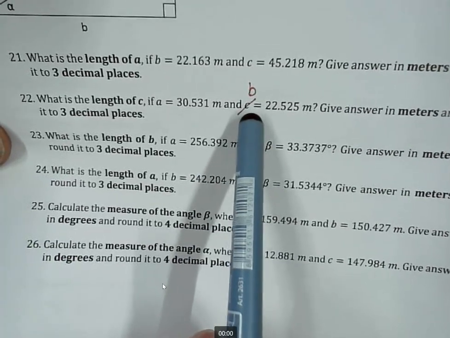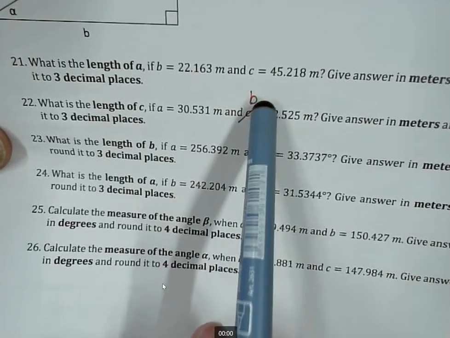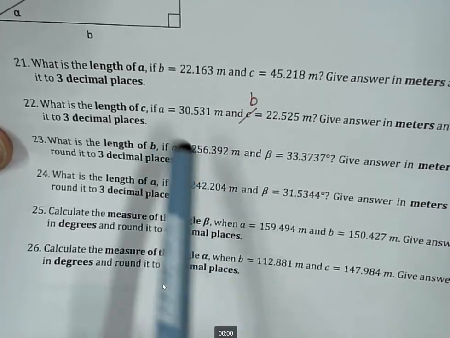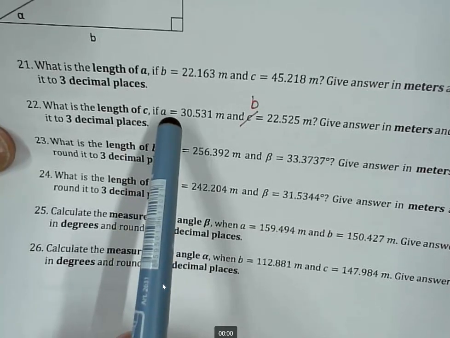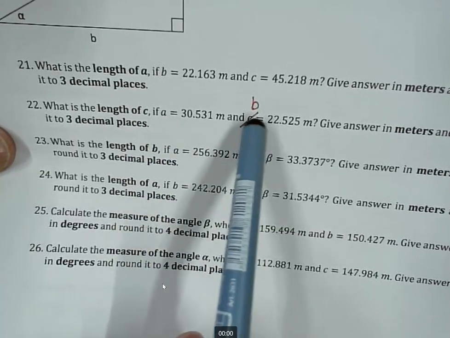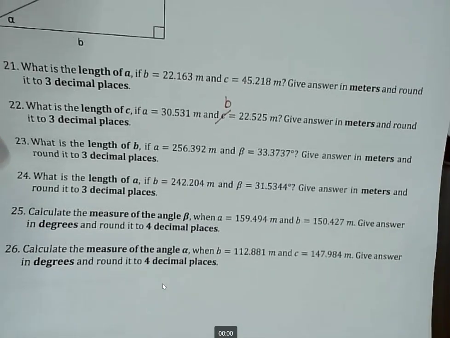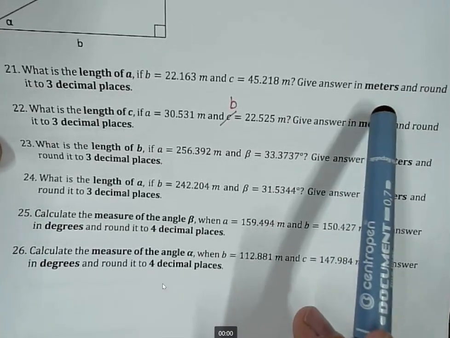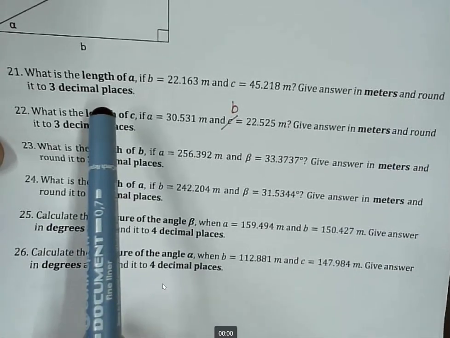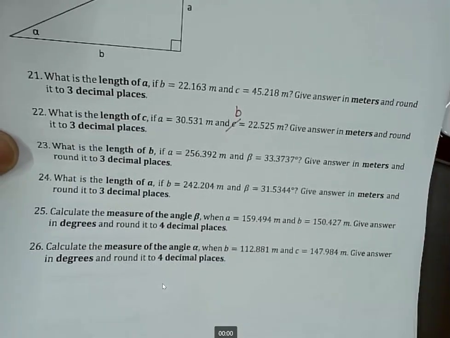In that test they wrote C, but we corrected it. It was meant to be B. So there we needed to calculate the length of C, knowing that A and B are these numbers here. And then we were asked to get answers in meters and rounded to 3 decimal places.